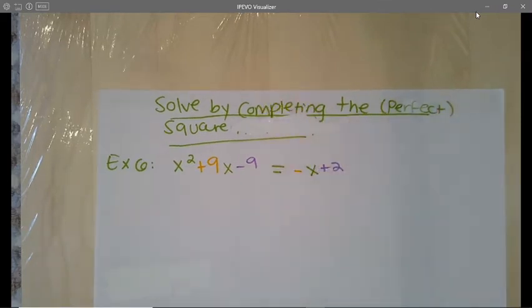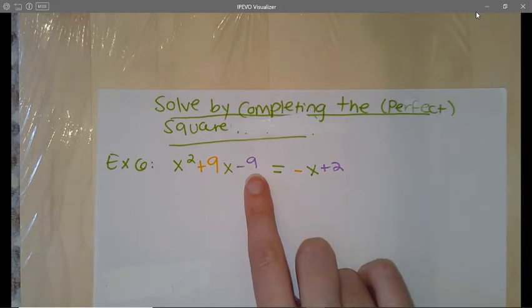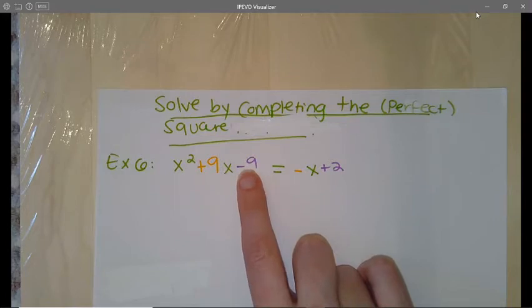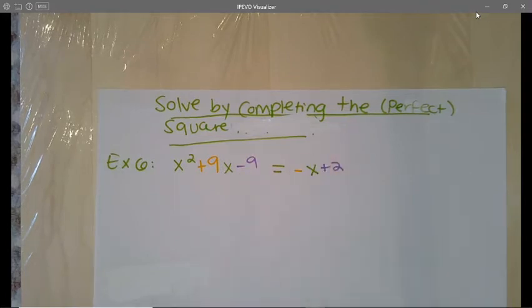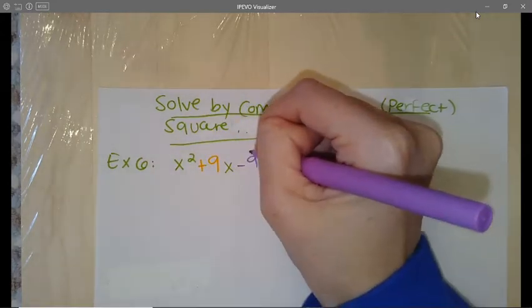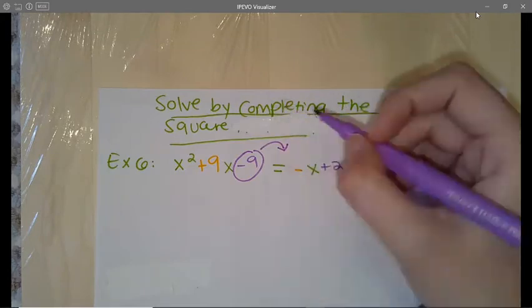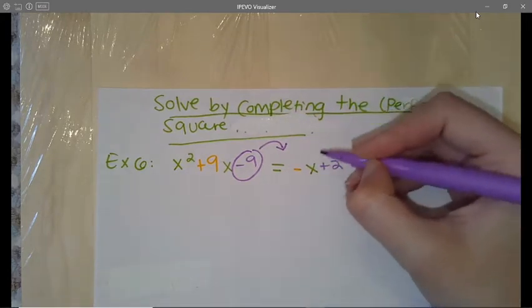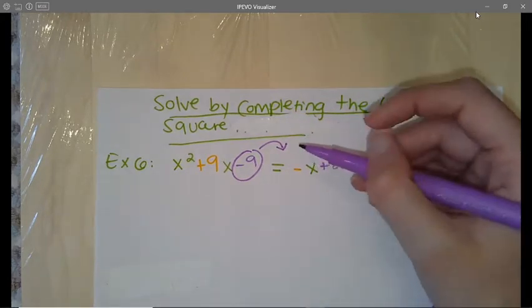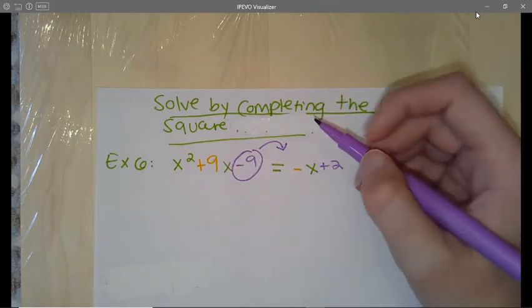If you notice here, currently I have a -9 on the left side of my equation, and it doesn't have an x. So I need to move this term, my -9, onto the right side of my equation, because all the terms without the x are going to go on the right-hand side, and all the terms with the x's are going to go on the left-hand side.